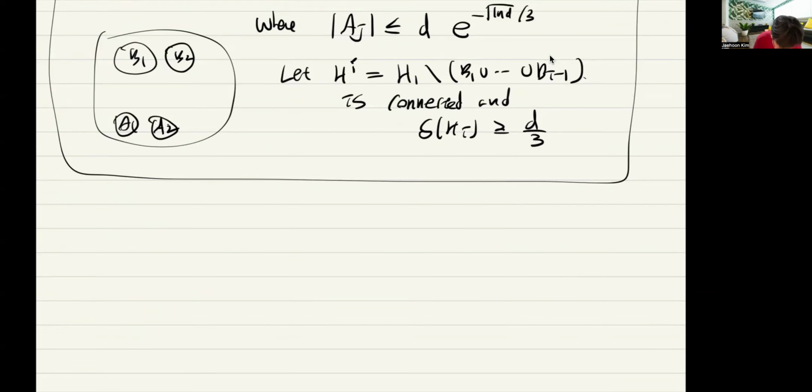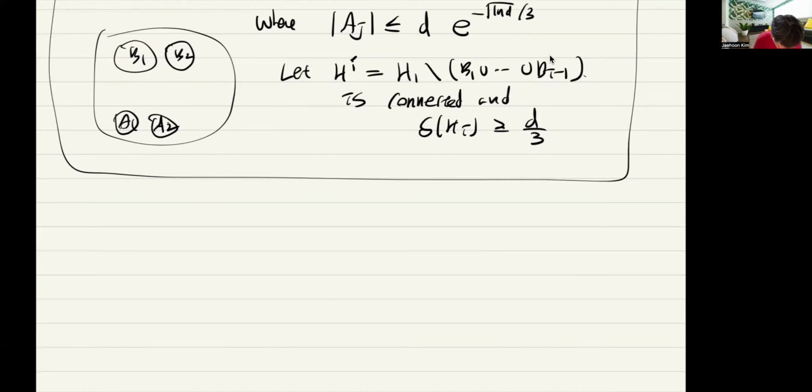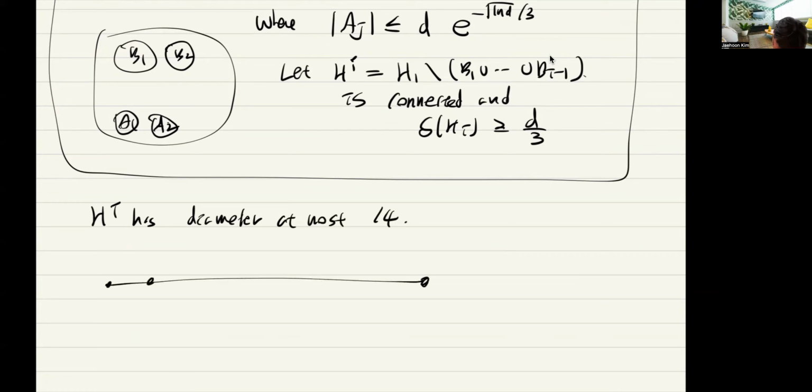And first, we can show that this Hi has diameter at most 14. If not, this is connected, right?